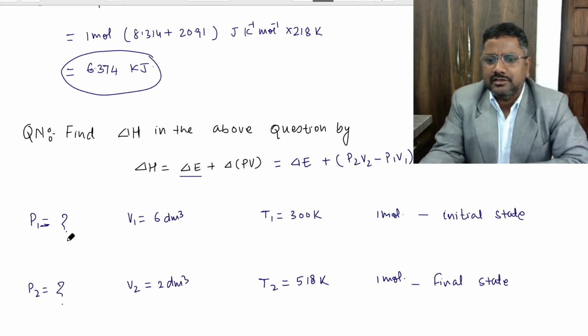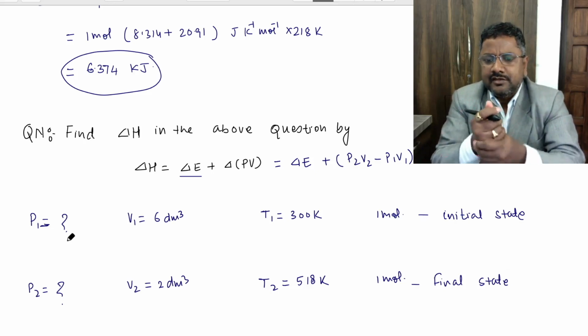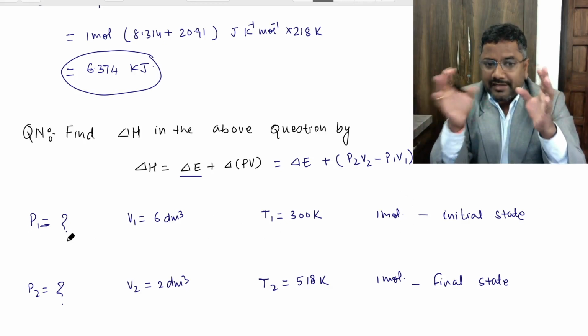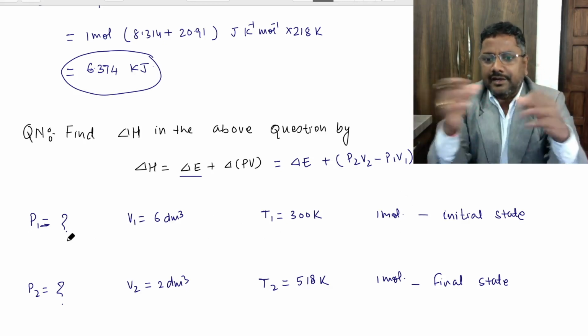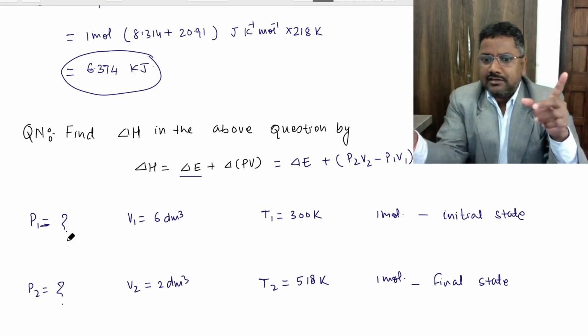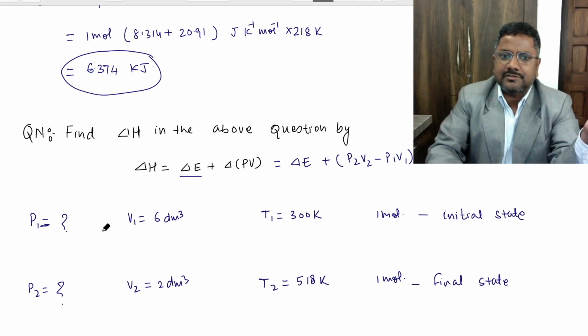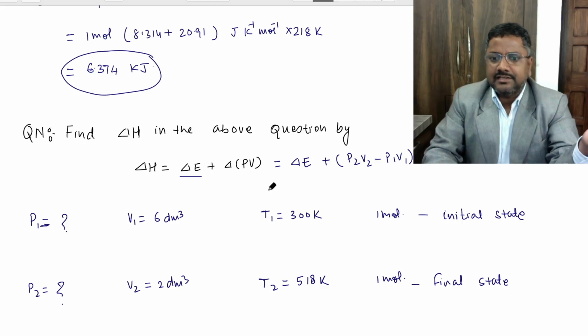So by using the equation of state, very easily you can use it. Initial state and final state, no problem. In between, it is difficult to use PV is equal to nRT in an adiabatic process. But at the initial state and at the final state, you can use it. All the variables are constant with respect to time, and the behavior of the gas is ideal, so you can use it very easily.